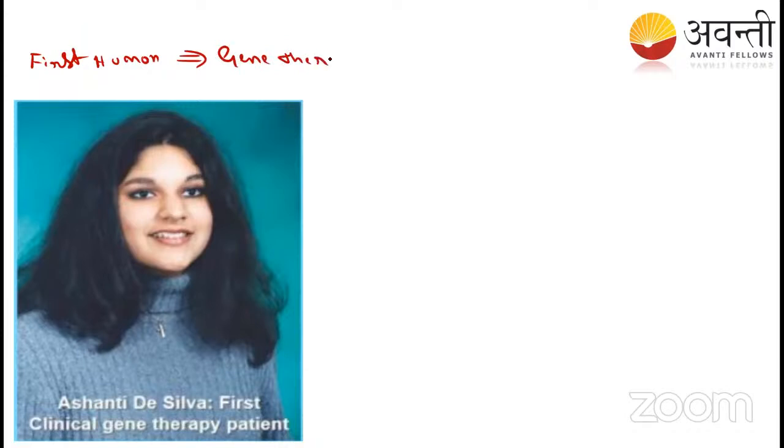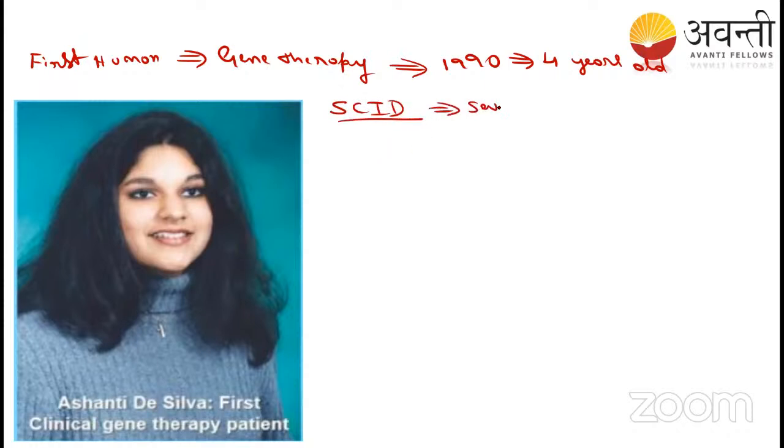Here you have to remember, in 1990, when this girl was 4 years old, she was suffering from SCID. I have told you what SCID means, right? That is severe combined immunodeficiency.